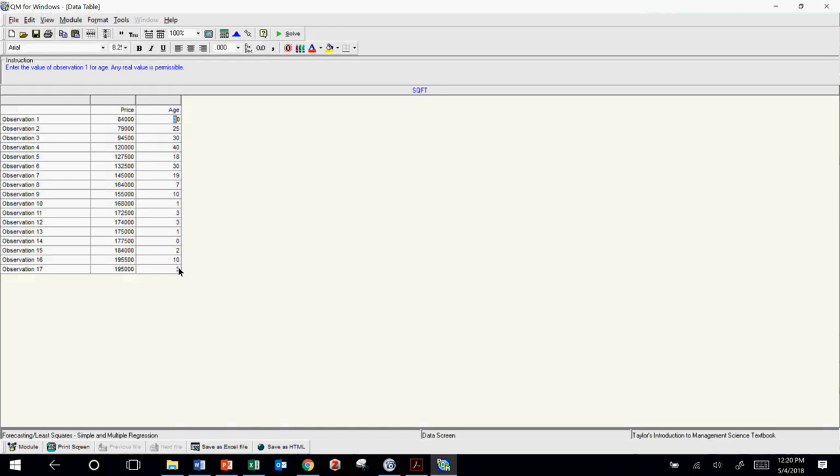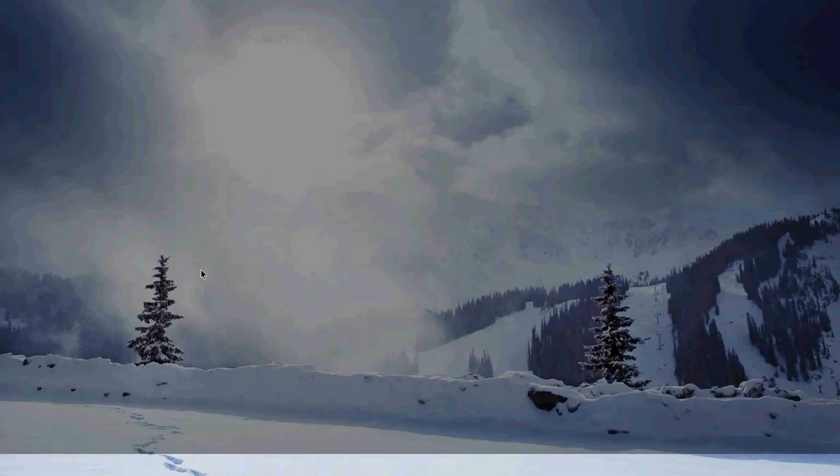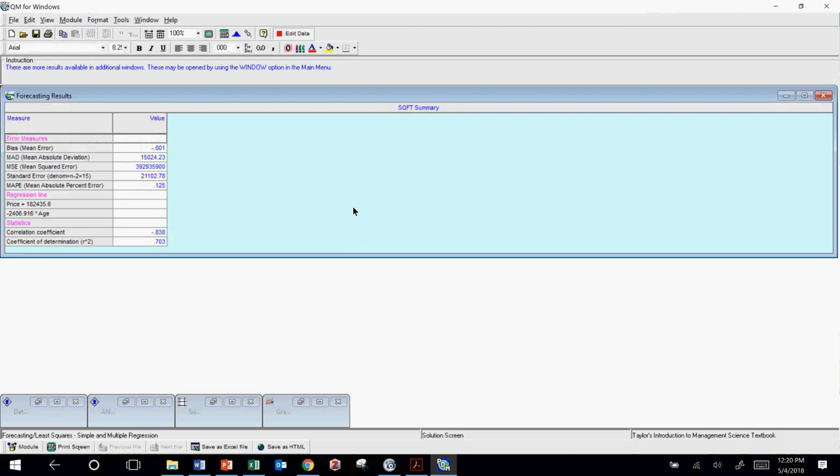Let's make sure we have the correct information in here. And again, yours are going to be a little bit different because I edited some of this data.